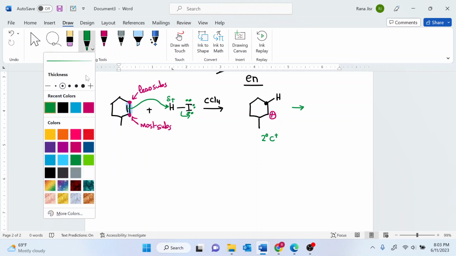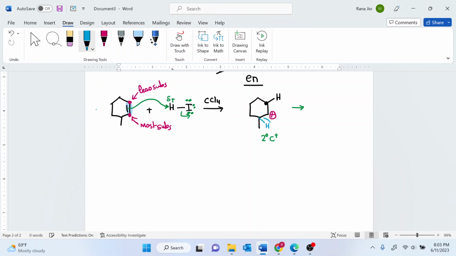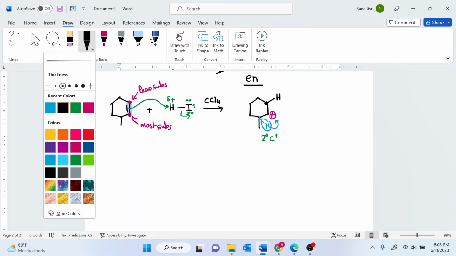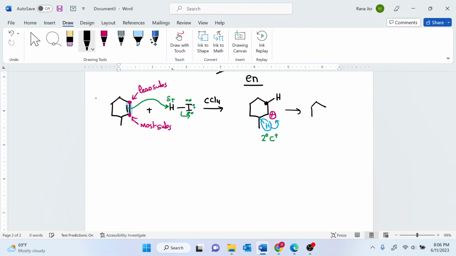I can move the carbocation by simply doing a hydrogen shift. So you take the hydrogen together with its electrons and move it towards the carbocation, its electrons towards the plus charge. And when doing that, we are going to end up having our positive charge on this carbon, and this is a tertiary carbocation.